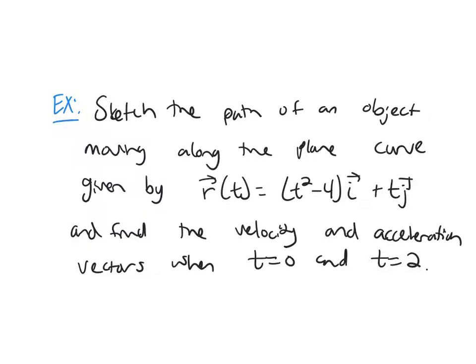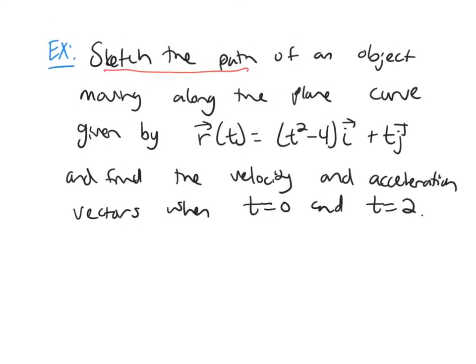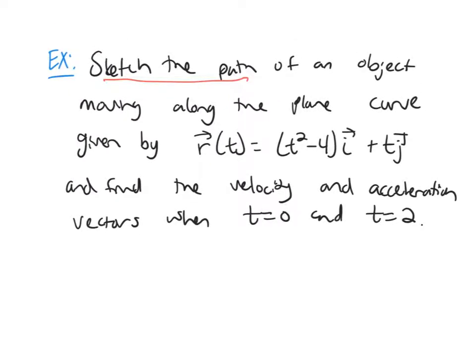So let's start with what I'm asked for first, which is to sketch the path of this curve, this object moving along this curve. So we're going to translate these back into parametric equations again. So x will be t squared minus 4 and y will be t.